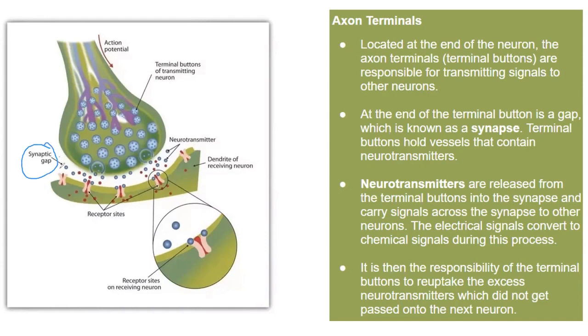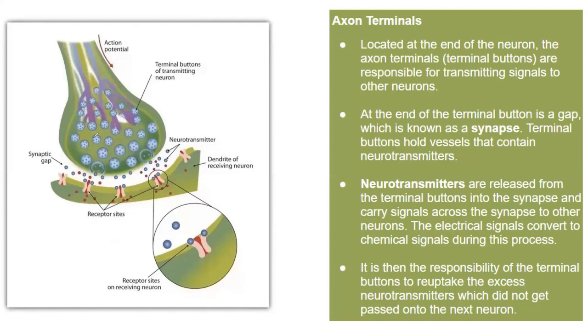This gap between this axon terminal and this dendrite, this whole gap, is known as synapse. So terminal buttons hold vesicles that contain neurotransmitters. This is the terminal button.